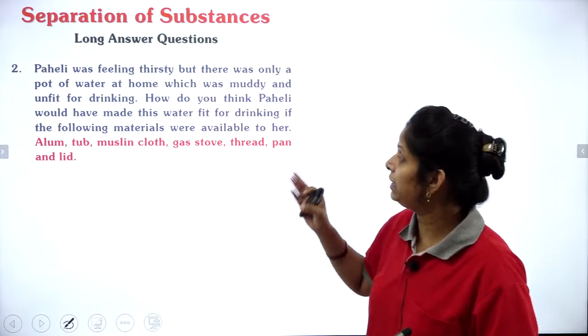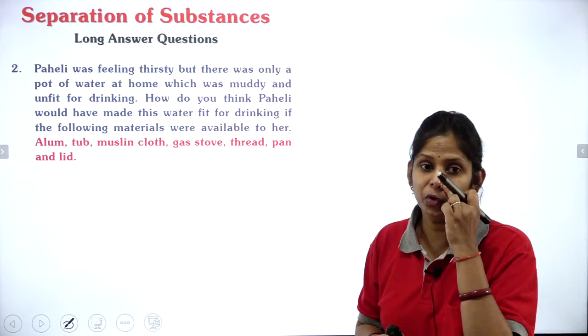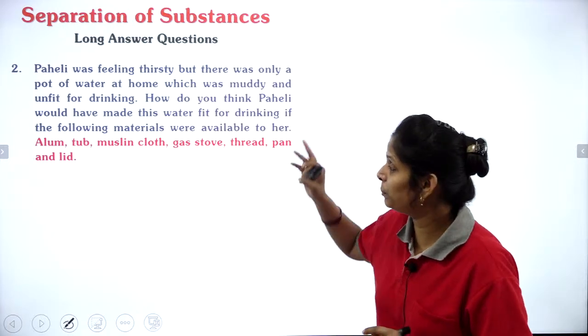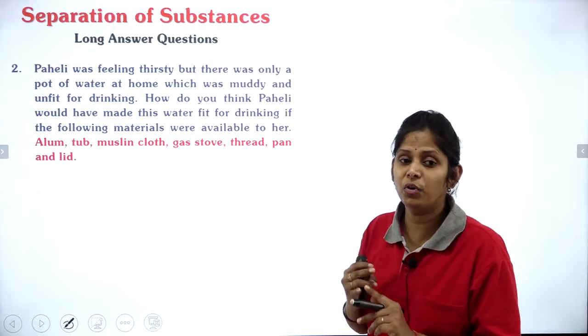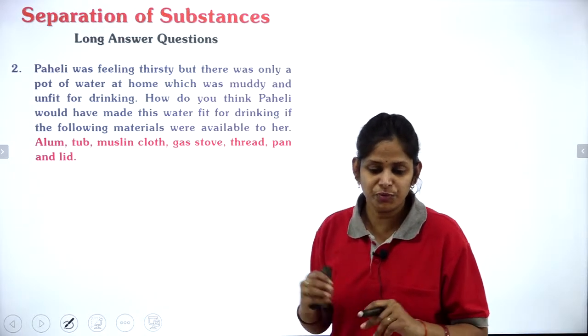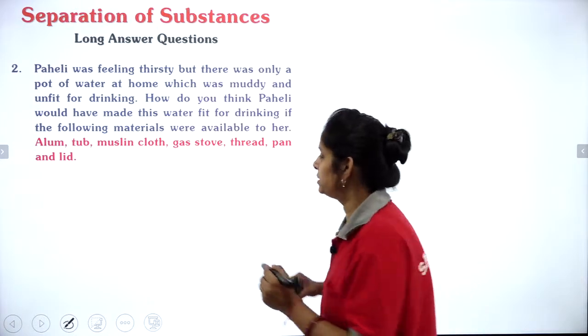Paheli can make this water fit for drinking by following these steps. At first what will Paheli do? Paheli will filter this water by using muslin cloth. So how will you write this down? Filtration by using muslin cloth.